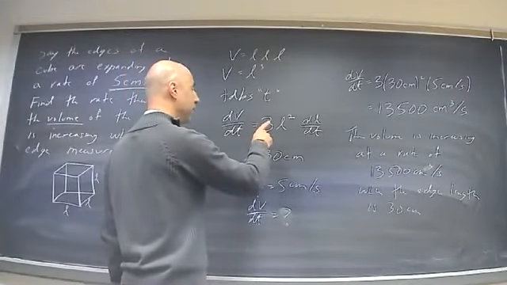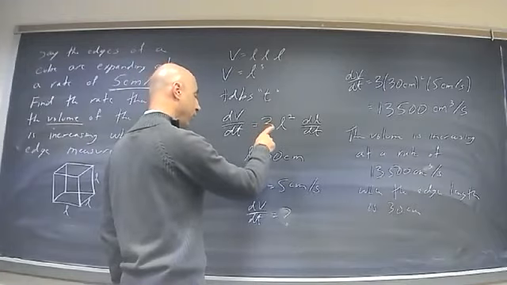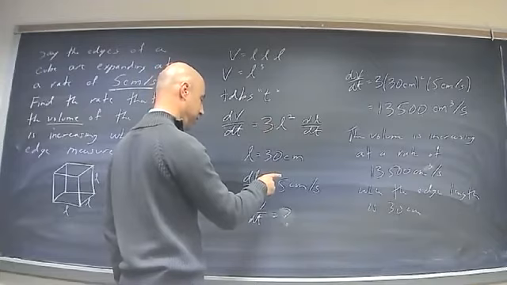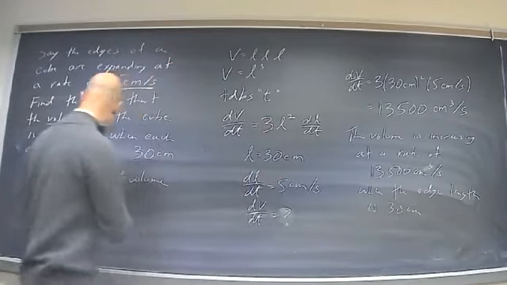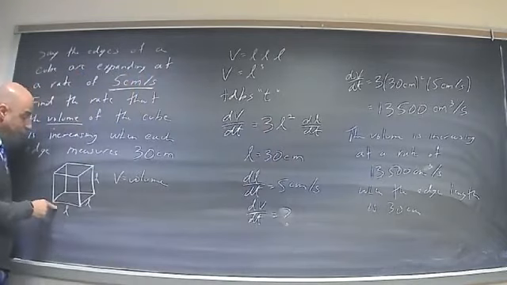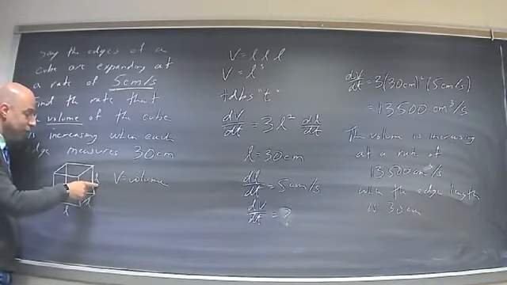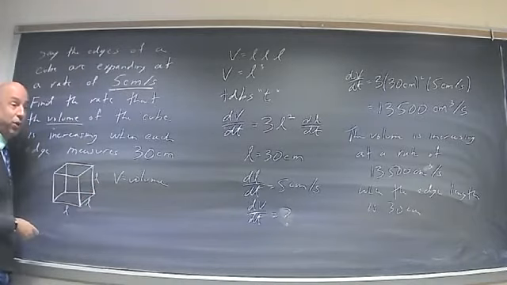Now, one other thing I wanted to mention, what was it? Oh, yeah, way back here. When you're drawing your picture, resist the urge to put 30 centimeters here and here and here. You really don't want to do that because then you have no variables to work with.